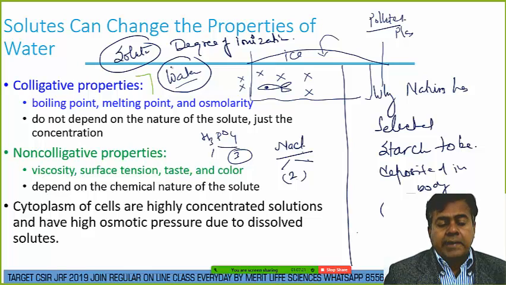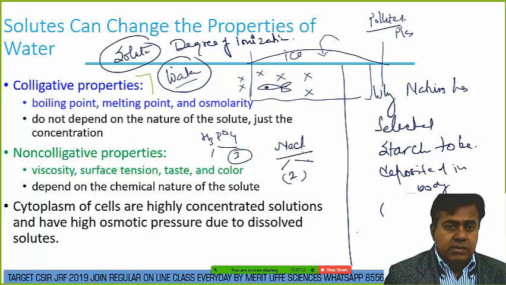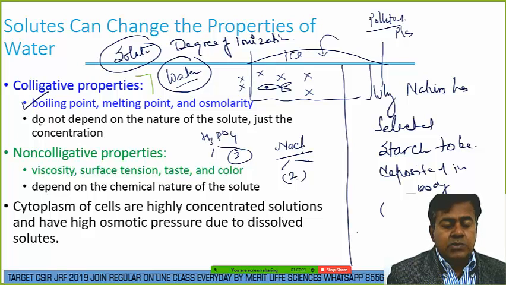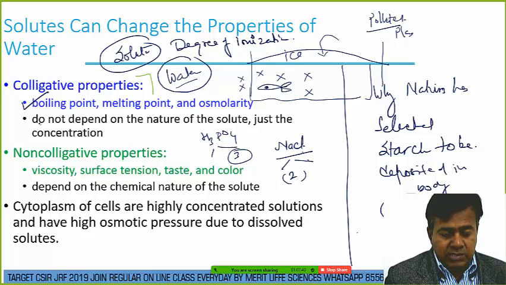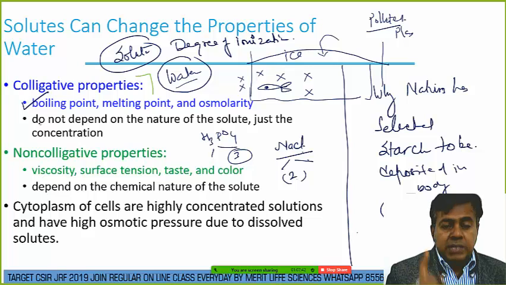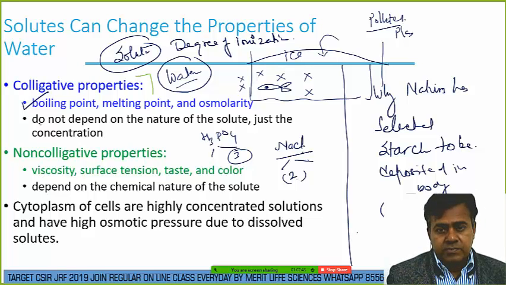Right? So overall, colligative property means 3 properties. If I am talking about the colligative property, then what am I talking about, tell me. First one is boiling point, correct? Second property, melting point. Third property, osmolarity.